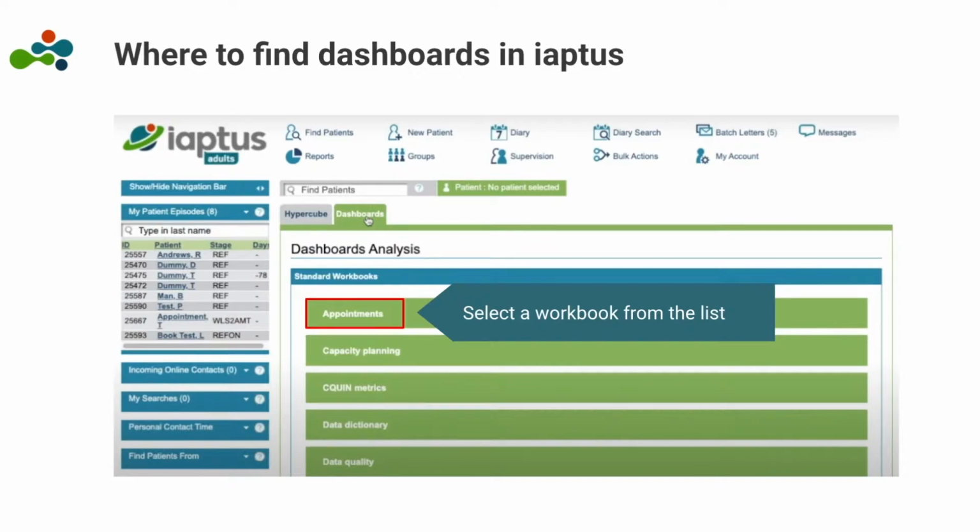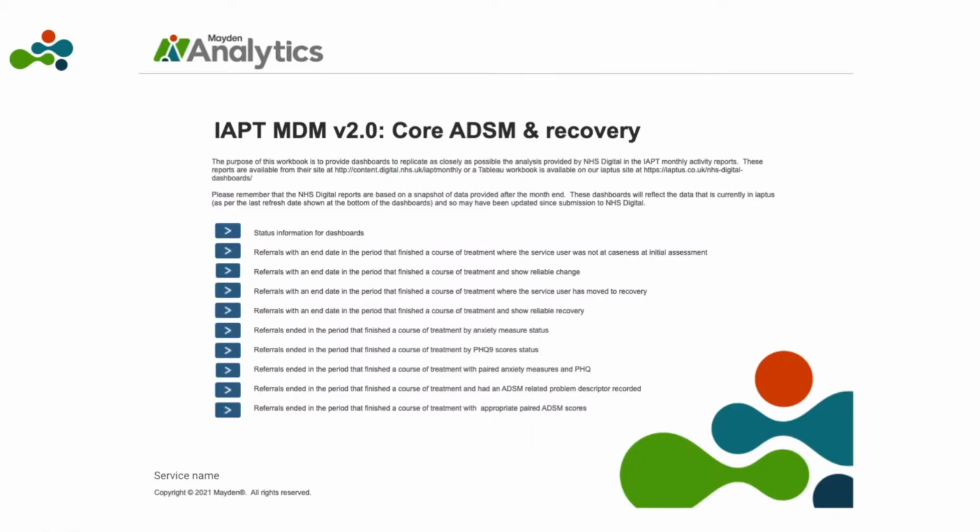These are generally available to you if your service has those features switched on. On the national reporting side, CYP services have some workbooks which aren't applicable to adult services, and the adult services have some that aren't applicable to CYP, such as the IAPT MDM workbooks that we're discussing today. When you click on a workbook from the list, you'll then see the cover page.